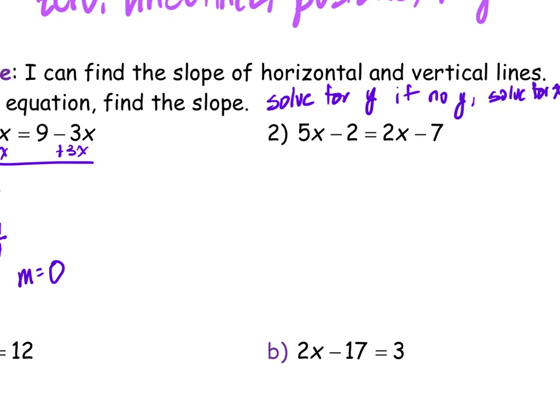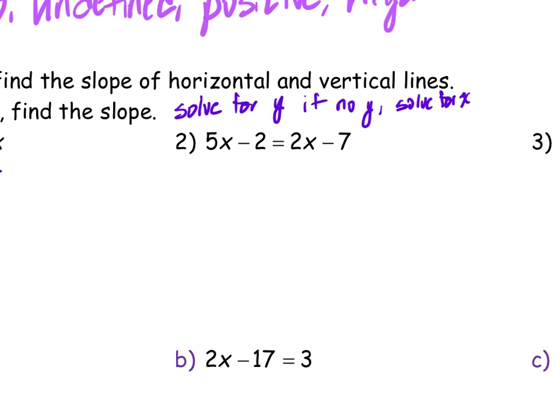Oh, it looks like I only have an x this time. So we're going to just solve for that x, just like I would if I was solving an equation. I'm going to subtract 2x from both sides, and then I'm going to add 2.